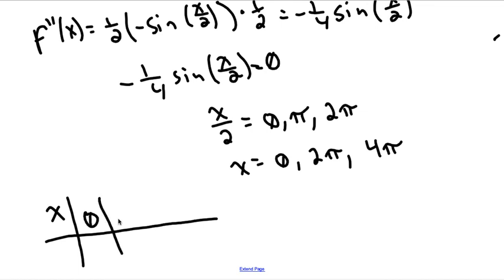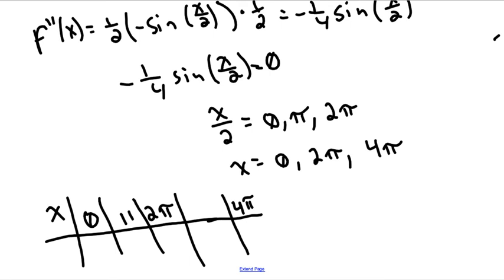We need a value between 0 and 2 pi, and then 2 pi and 4 pi. Well, actually, we could have 3 pi in here. Or no, never mind. That would take 3 pi over 2, which is not a 0. So, okay, let's just fill in some numbers here. So pi, 3 pi.